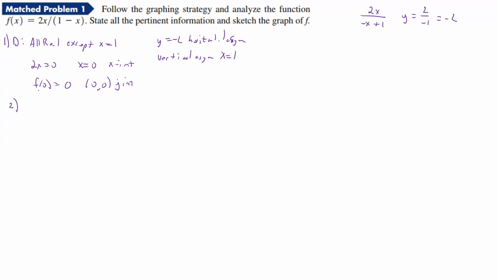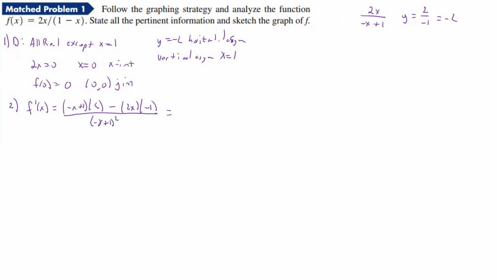Now, part 2 of the strategy said, okay, now let's take the first derivative, f prime of x. So if we take the derivative here, we're going to have the bottom, and again, I'm going to rewrite it as minus x plus 1, times the derivative of the top, minus the top times the derivative of the bottom, all over the bottom squared.